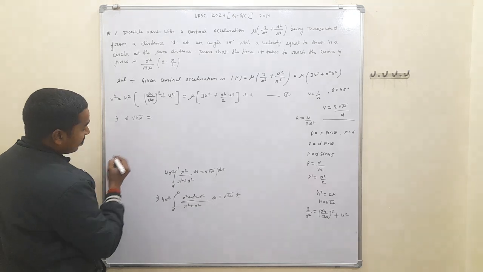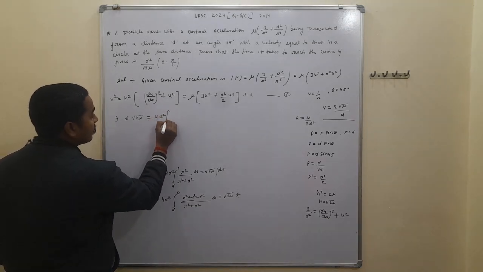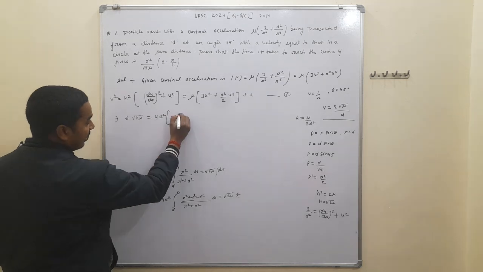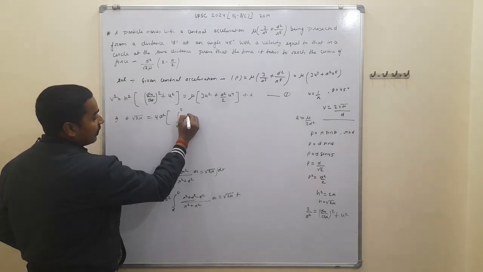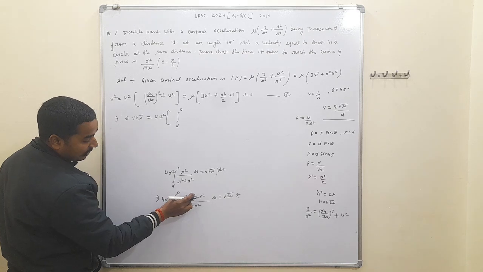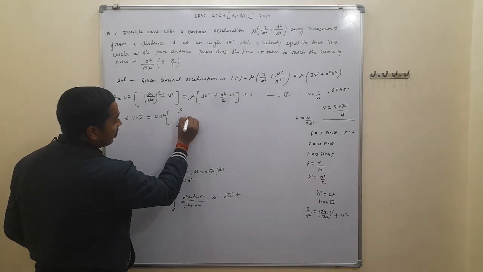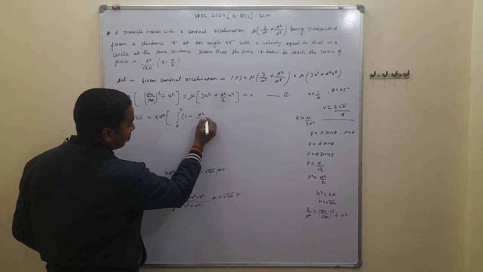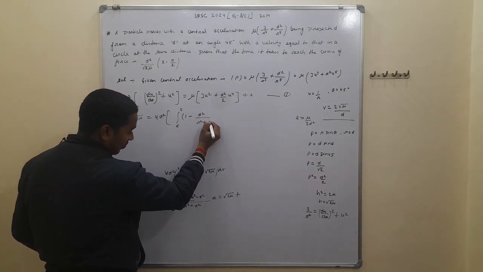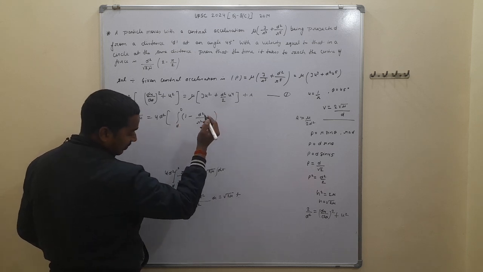We can write, that is 4d square is taking common first, and integration of d to 0, and we can write, that is, first we have to write r square plus of d square upon r square plus d square, it is 1 minus of d square upon r square plus of d square, and here is dr.